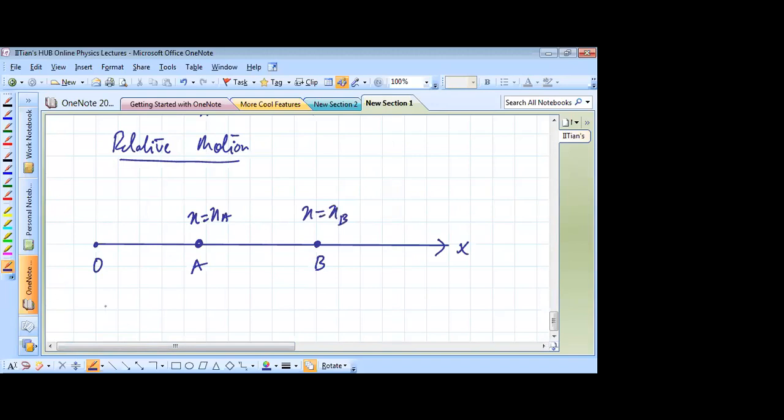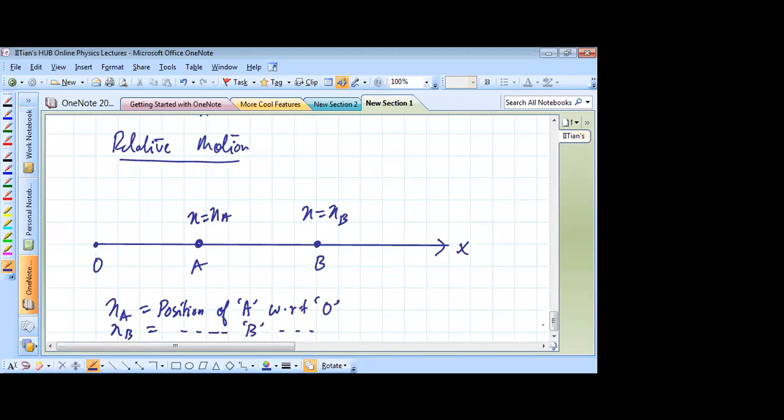What is xa over here? It is the position of A with respect to the origin, and similarly xb is the position of B with respect to the origin.